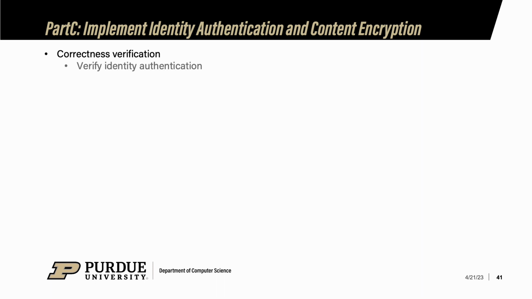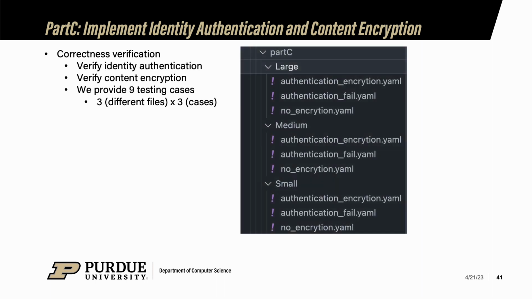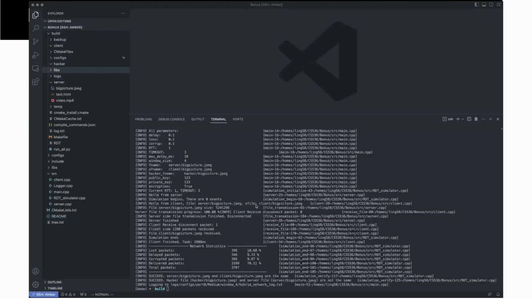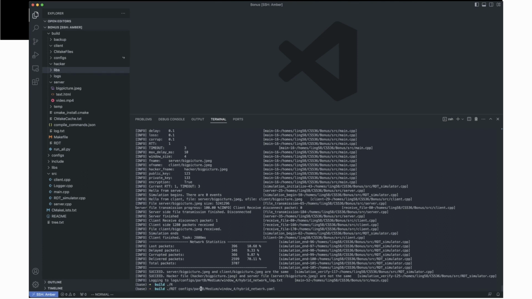To verify the correctness, we design 9 testing cases for Part C with different file sizes. For each case, we test if the authentication works and if the content encryption works. Demo time. The first testing case shows that if the public and private key is not a pair, the system detects the error and refuses to proceed.